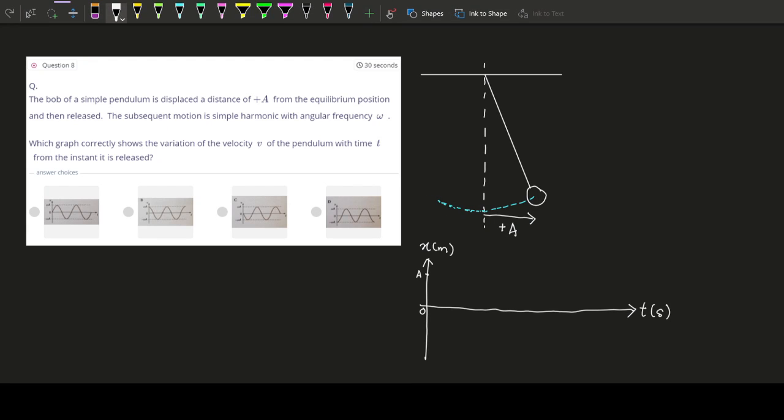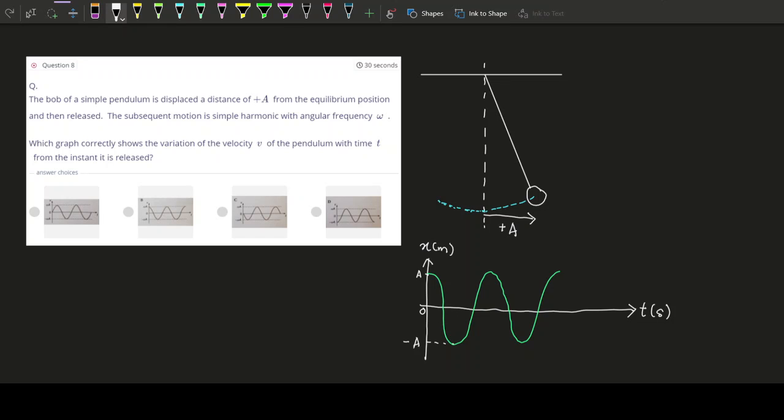So you can imagine the graph to look something like this. Okay, this is a graph drawing. I hope you get the idea. This is the displacement time graph.